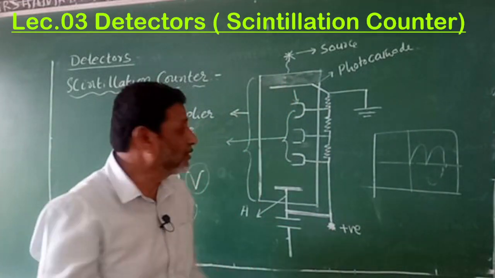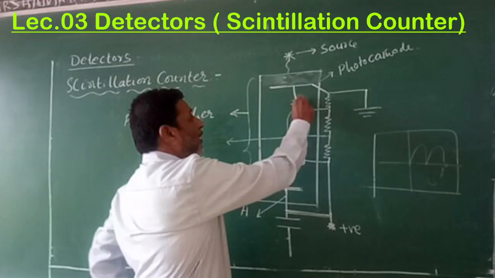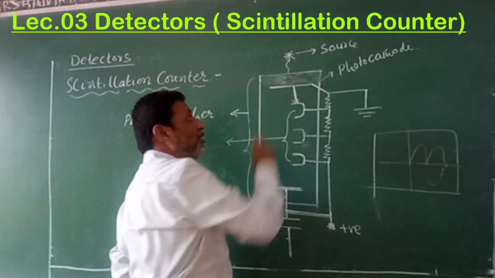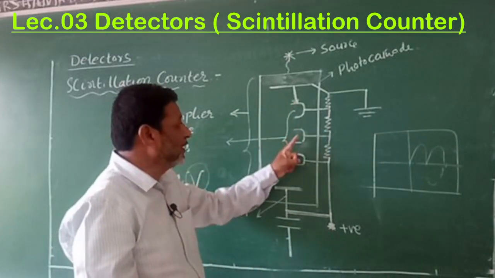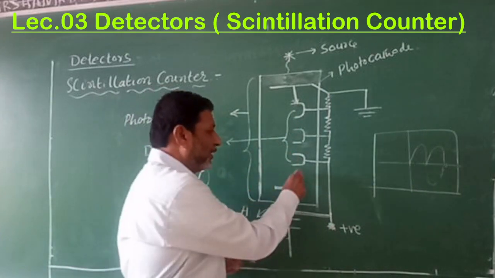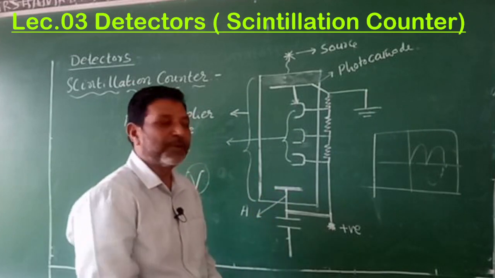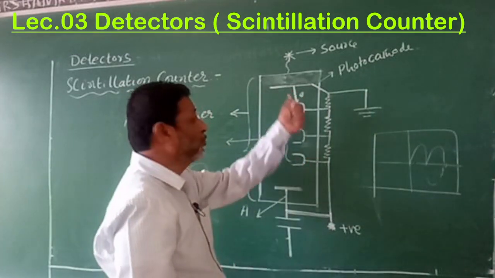Now let us take an example. We have 3 dynodes. If one particle releases one electron from this photocathode, then what will happen? For one electron here, next it is 10, next it is 1000. Then ultimately 1000 electrons reach the anode when one electron is emitted from this photocathode.